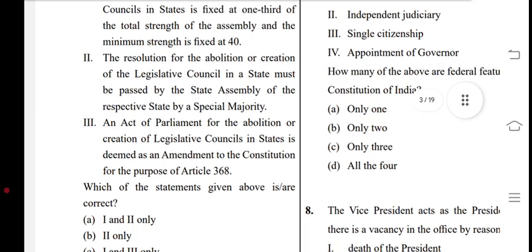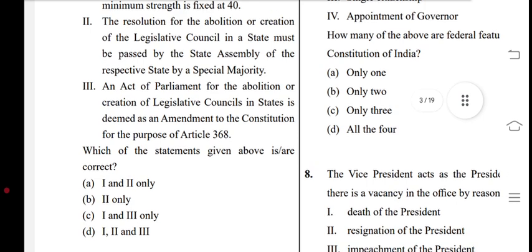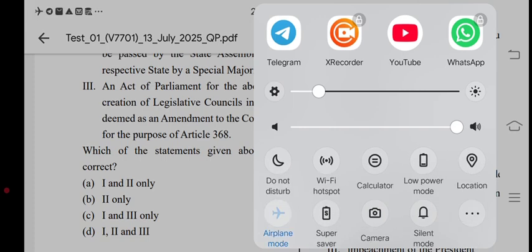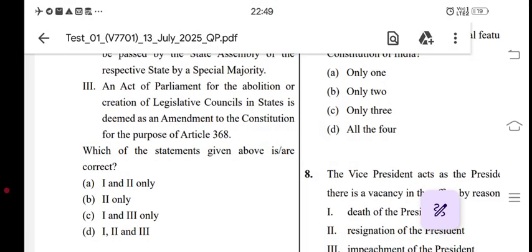An act of Parliament for the abolition or creation of the legislative council in states is deemed to be an amendment to the Constitution for the purpose of Article 368. Which of the statements given above are correct? Is correct.